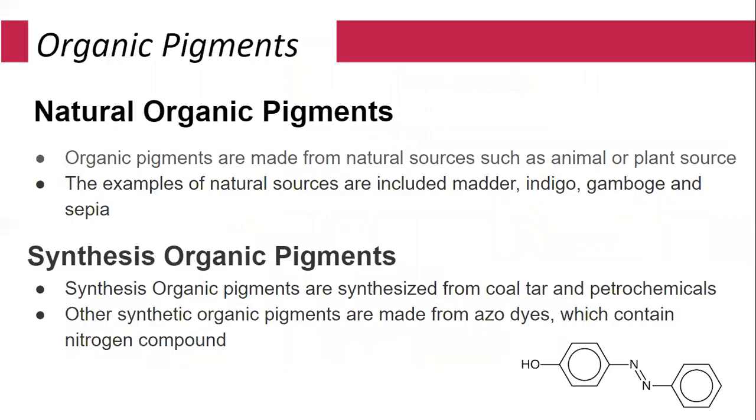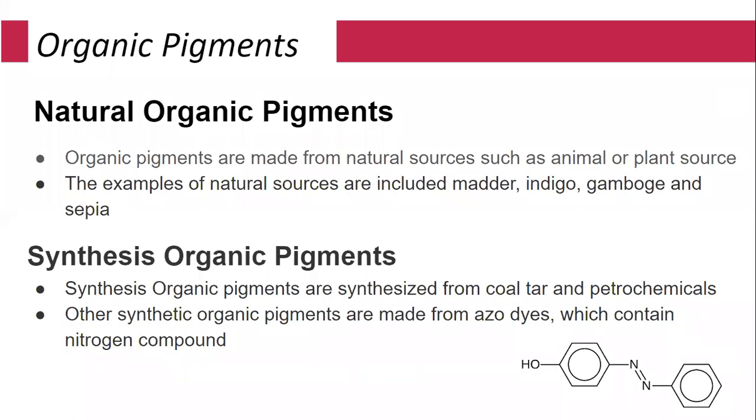The natural organic pigments, as we know, come from natural sources such as animals or plants. Examples of natural sources include madder, indigo, gamboge and saffron. All these come naturally from animals and plants.